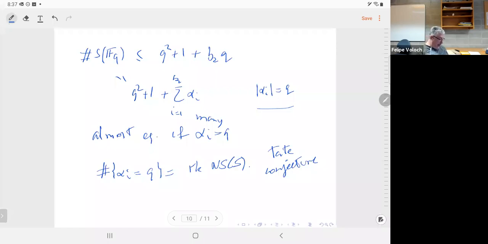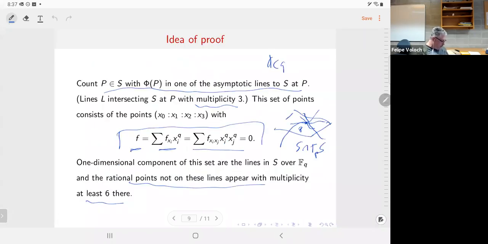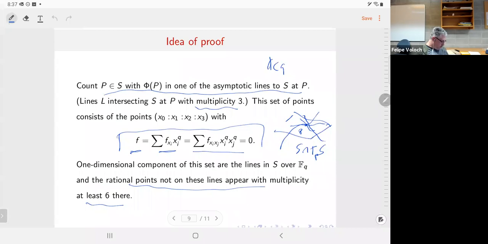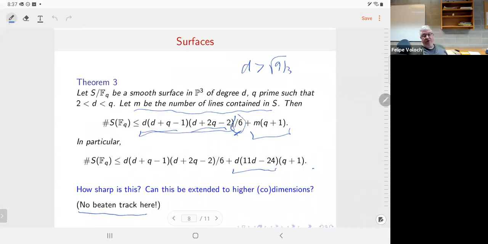My theorem shows that if the bound gets worse, so that you get a bigger bound, you get lines that you don't necessarily expect. So this term appears when you have lines that you don't expect.